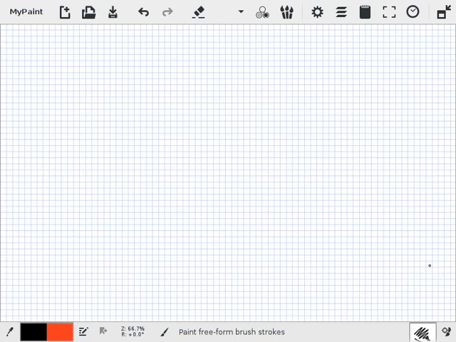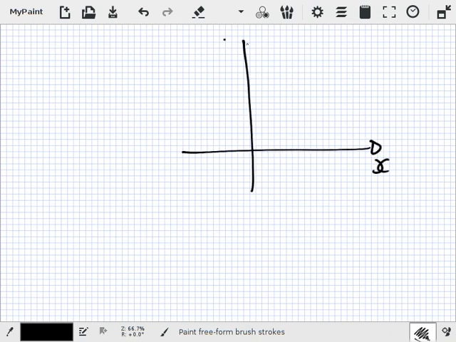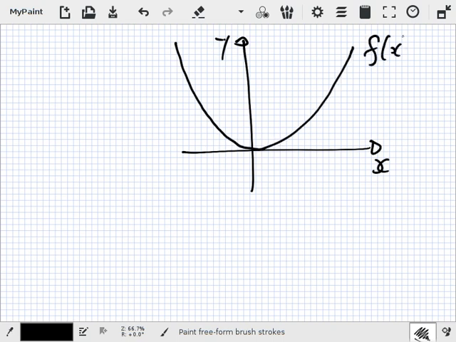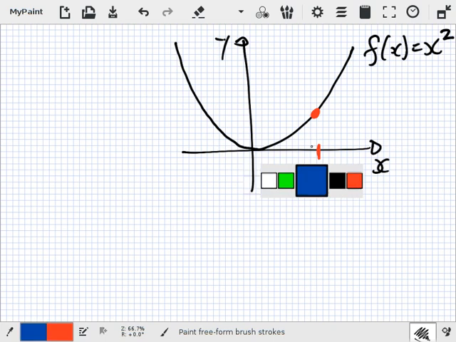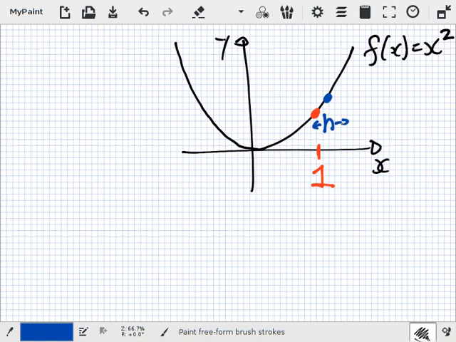Right. So let's have a look at an example to see this in action. Let's keep it not too difficult. I have a simple quadratic, f of x equals x squared. Let's keep our point simple as well. Let's say I'm at the point x equals 1, and I want the slope of the secant. We need 2 points to make a secant, so we put our neighbouring point beside it, and the distance between them we'll just call h.